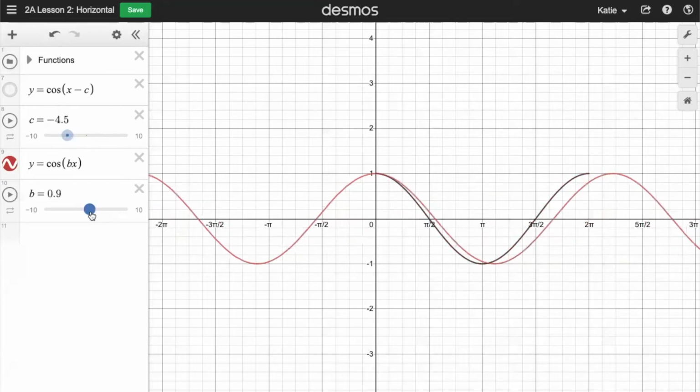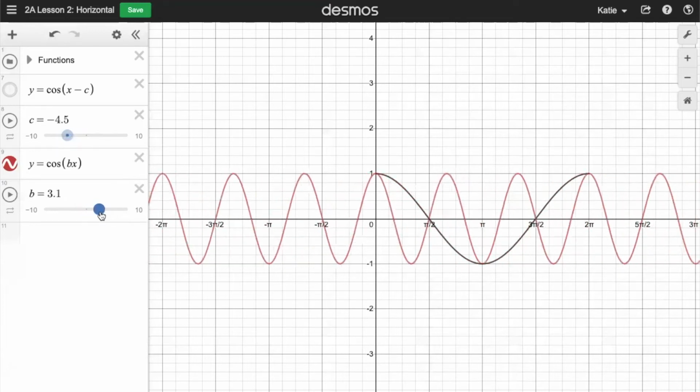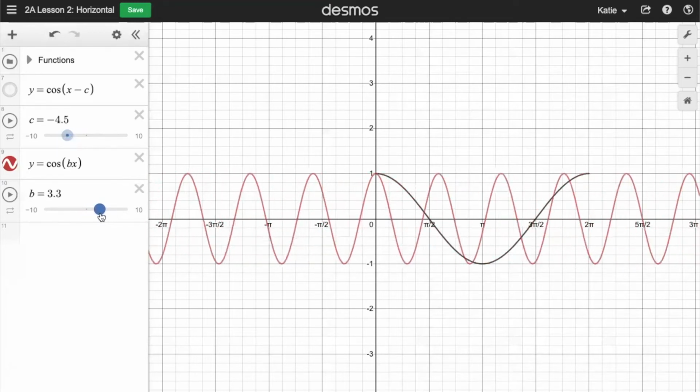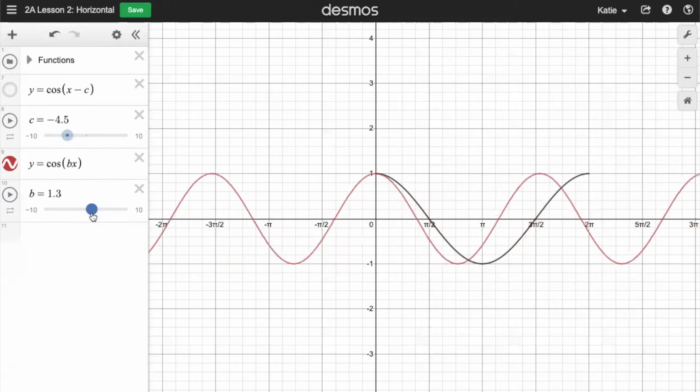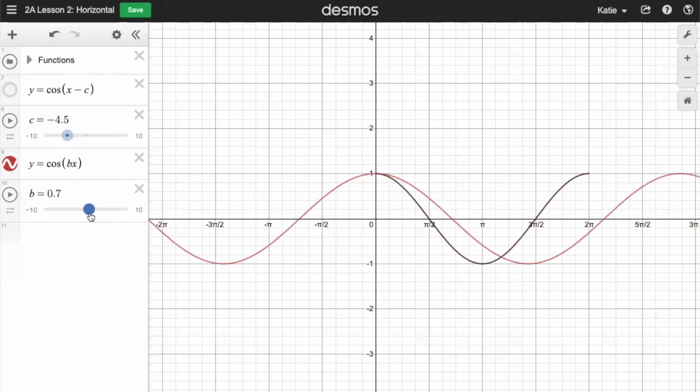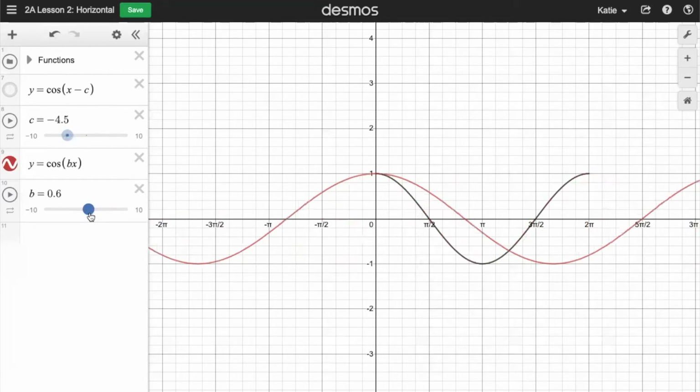So just like before, our angle increases more quickly with a whole number, and our angle increases more slowly with a fraction, or in this case, a decimal. So we can see in both of these cases, the output values, our vertical, are still the same. Remember, the values inside with the x only control that horizontal movement.